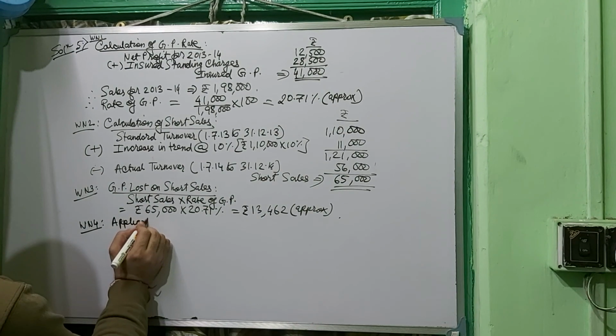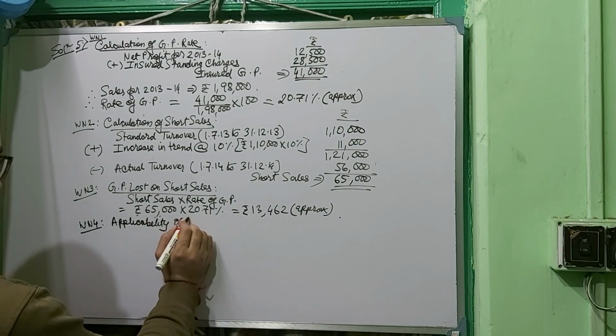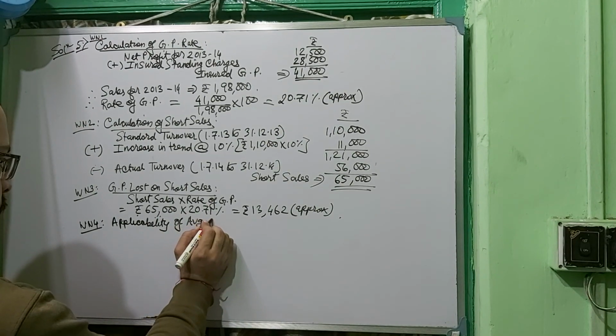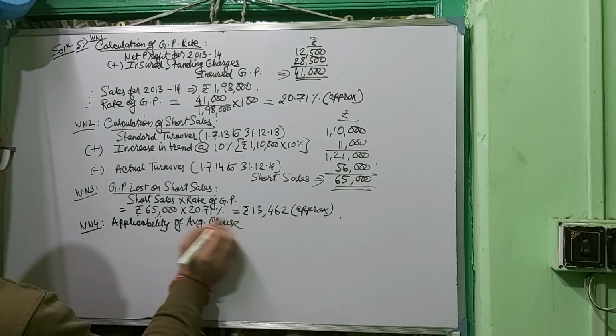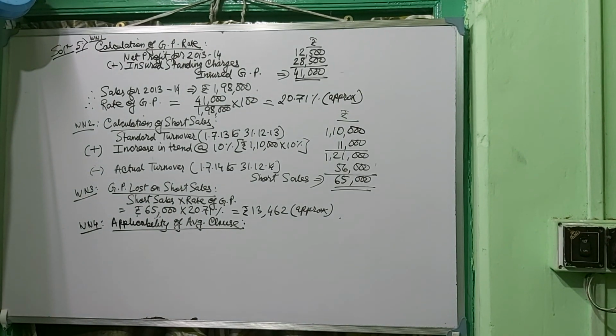How can you calculate the applicability of average clause?